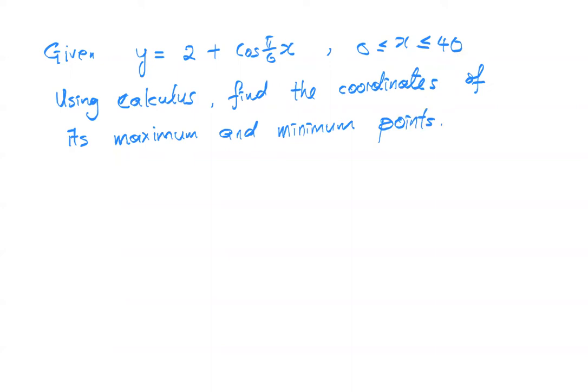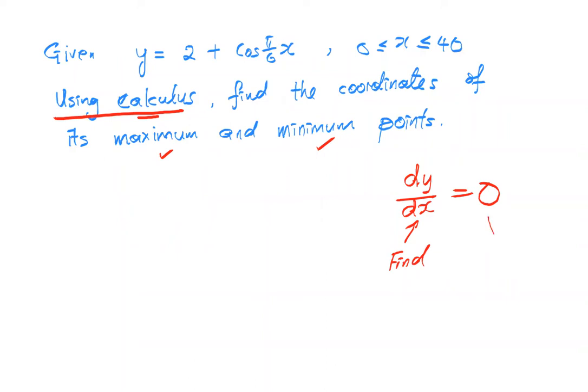Okay, so let me explain a little bit. The moment you say using calculus and with the word maximum, minimum, you must have this in mind. You have to find this first, dy/dx, then you equate it equal to 0.